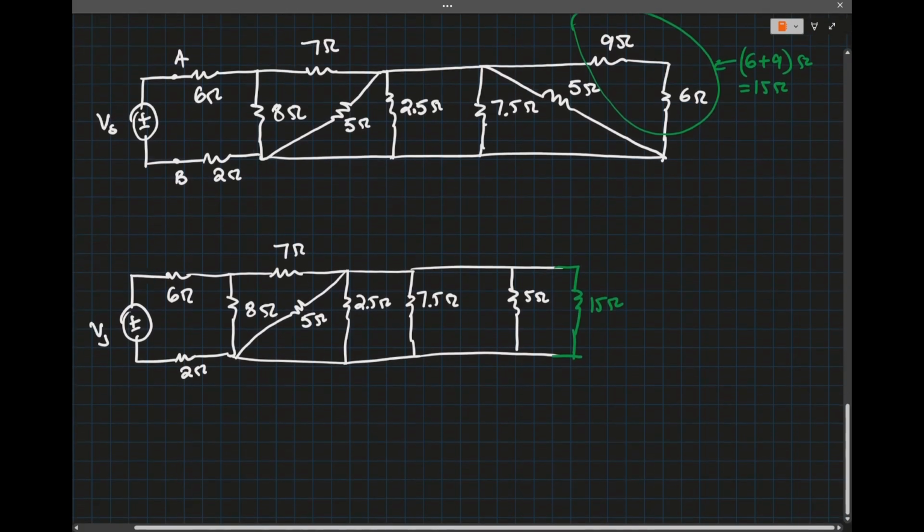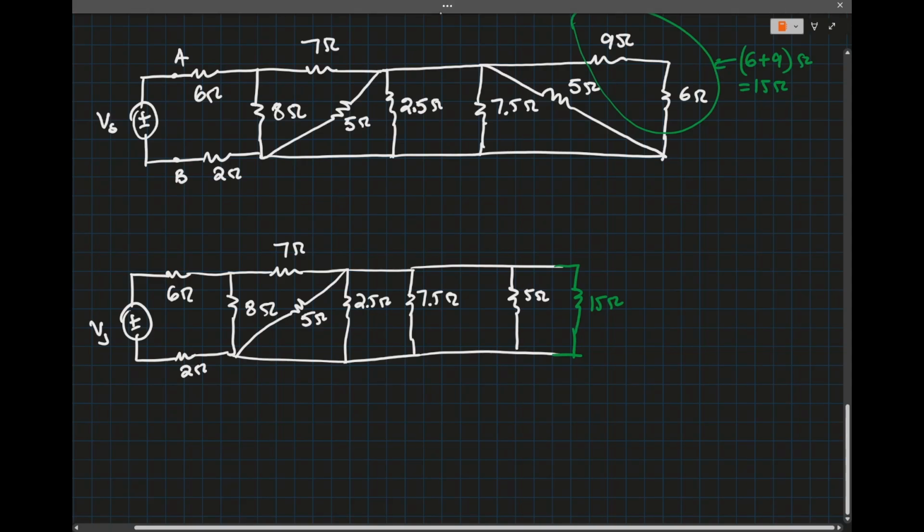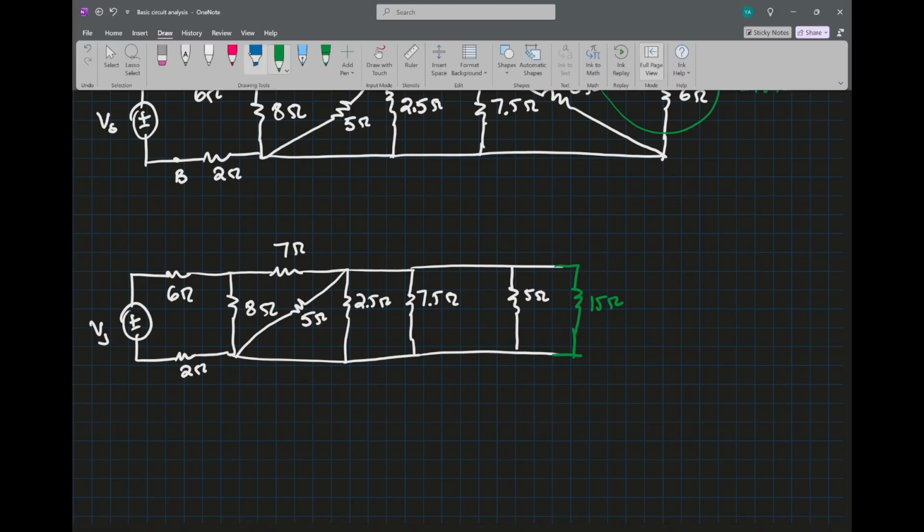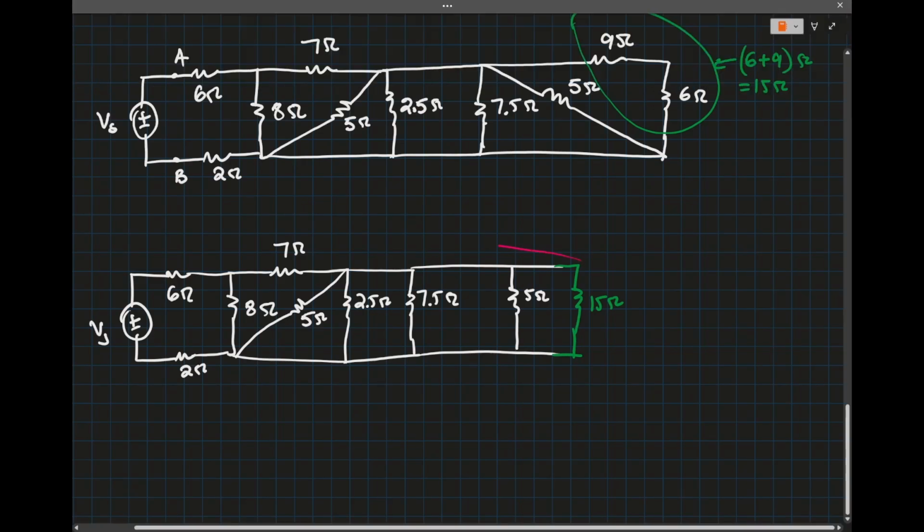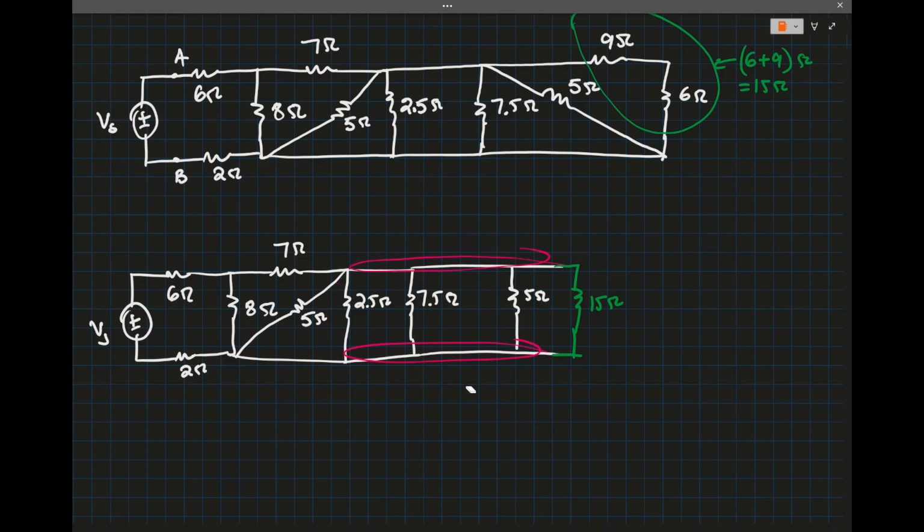Now what do we have? All of these are in parallel because they share common nodes. So 2.5 ohms, 7.5 ohms, 5 ohms, and 15 ohms are in parallel.